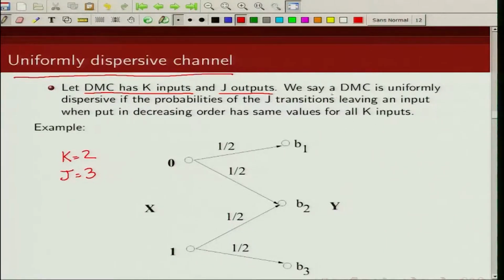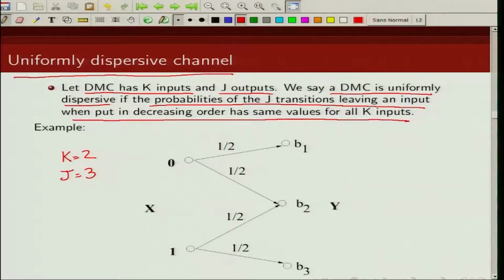Now, we say a discrete memoryless channel is uniformly dispersive if the probabilities of the j transitions leaving an input, when put in descending order, have the same values for all k inputs.